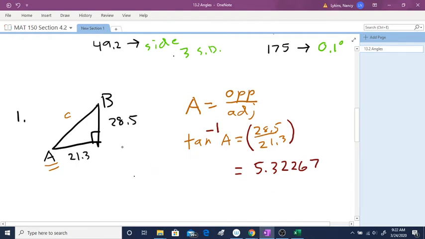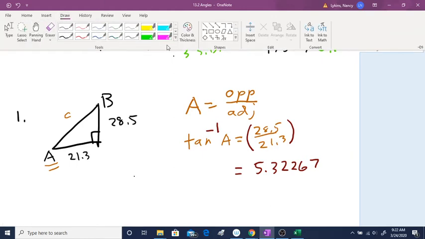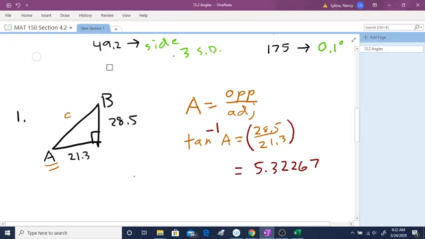Now, as far as your significant digits are concerned, since this is an angle, because we're trying to figure out what our angle is, hold on for a second, guys. I'm sorry about this. I put my decimal in wrong. It should be 53. You erase this just for a second.